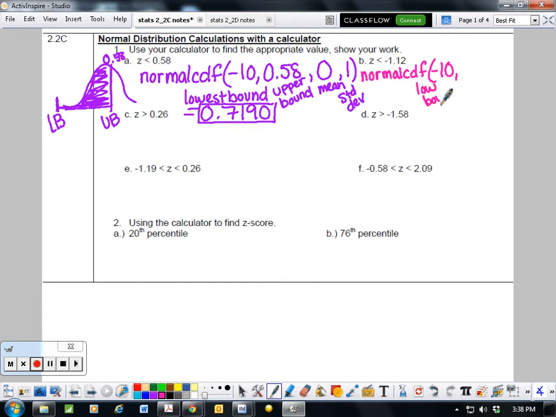And then I have my upper bound of -1.12. And then I have my mean and standard deviation. And sometimes you can put the symbols here for mean and standard deviation if you like, and as long as your symbols are correct, it illustrates that you know what you're talking about. So then we're going to go back to our calculator.